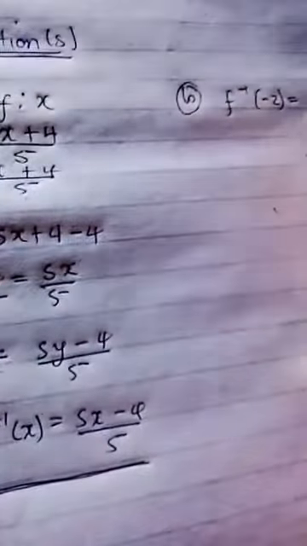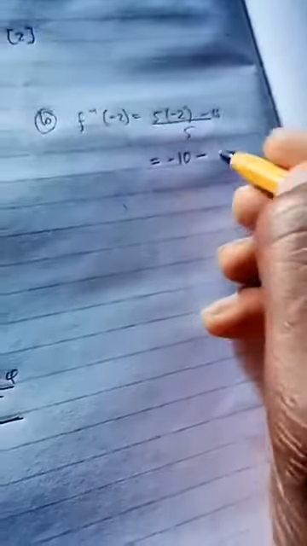So 5 multiplied by negative 2, that is what? Negative 10. You write negative 10 here, minus 4, divided by 5.